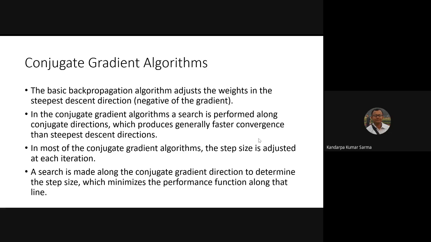So here this particular search of finding the parameter values in both sides of the gradient will take place in a conjugate manner, and that particular search, though, is a time consuming process, but guarantees a faster convergence, and step sizes are varied in each of the iteration. So this is a major benefit. This is a plus point, and that guarantees a fast convergence.